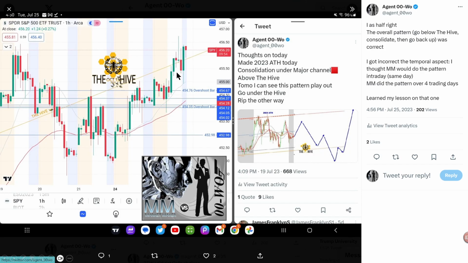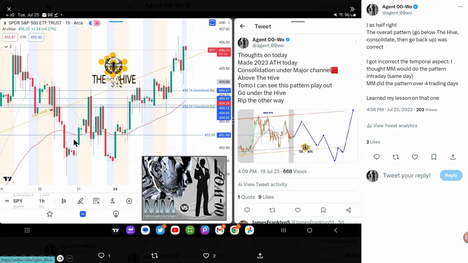That's actually what happened, but I thought it would happen in the same day, as my prediction for the next trading day. It did happen, down below the hive, back up, but it happened over the course of 4 trading days, not just one. So that was a lesson I learned from that.